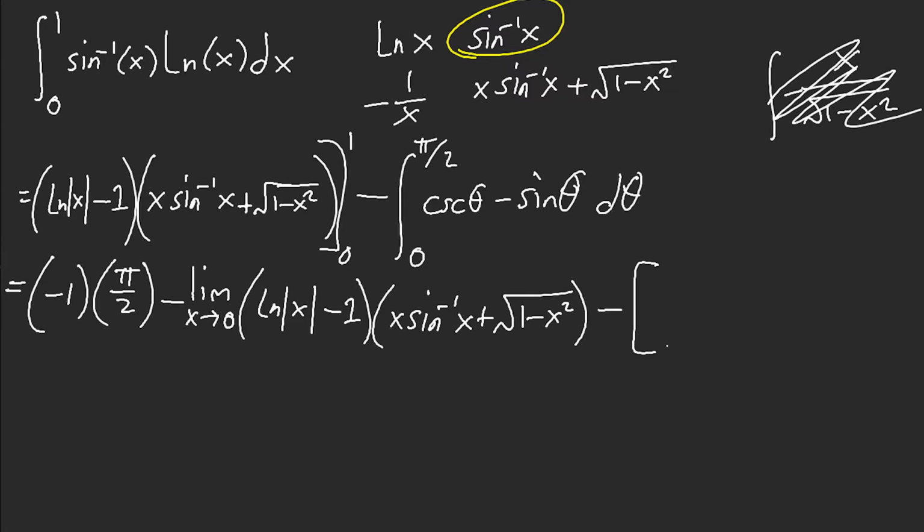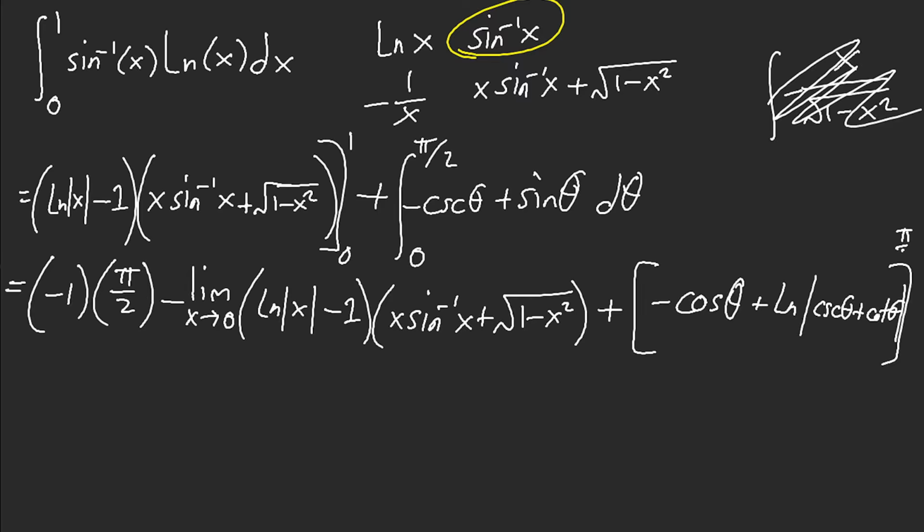So here we get what? This is positive sine theta. So I'll actually implement this so that I don't get confused. This is negative cosine theta. Negative cosecant theta is positive ln of cosecant theta plus cotangent theta, right?